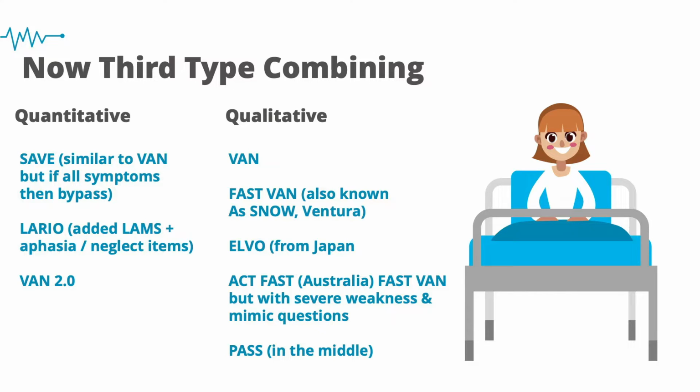And so they want basically 1, 2, 3, 4. They want all the cortical symptoms. And so that's basically it. You have quantitative, qualitative, and the new ones that are trying to combine both. And again, as I said before, if you listen to the other sections, you can use VAN or this video, teach people how to do the exam, and you can modify it any way you want.